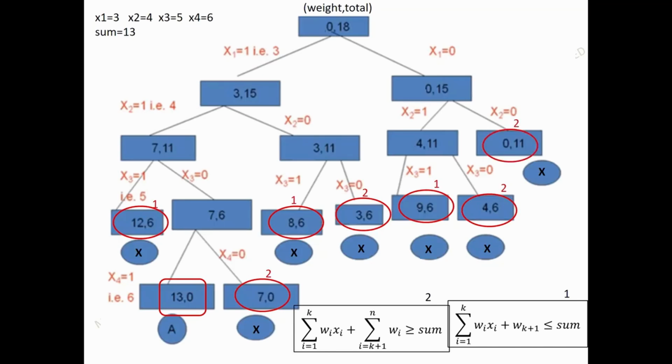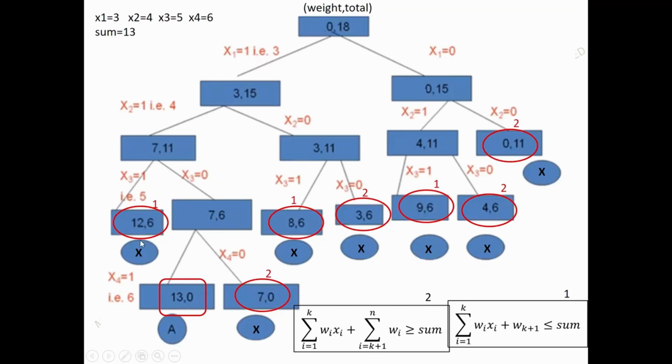Now basically when you are applying this pruned state space tree, the algorithm starts with the root node, then it uses DFS, depth first search, and starts exploring this node. Then it moves to x2 is equal to 1, then it chooses x3 is equal to 1.